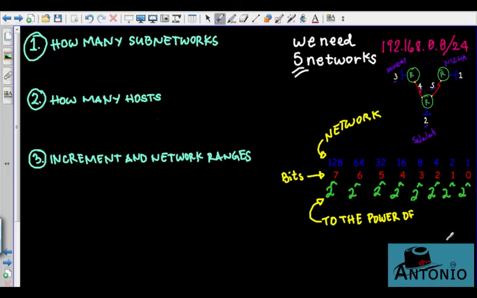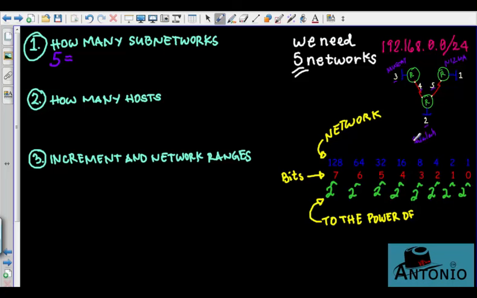Okay, let's get started. We have a 5 networks requirement. Okay, so we need 5 networks. How many bits is equivalent for 5 networks? So look for our binary chart here. This is the technique. Concentrate on the network, this first line, on the blue color.